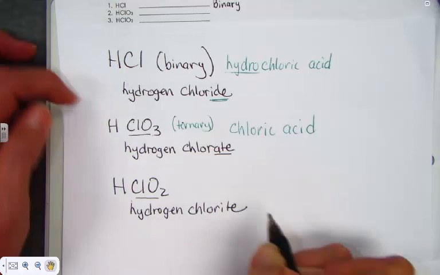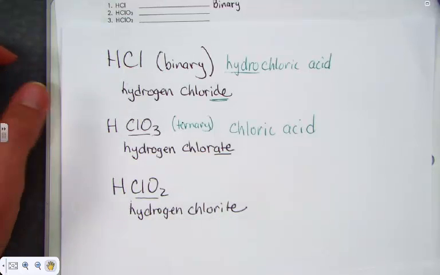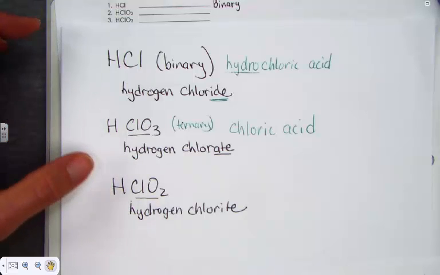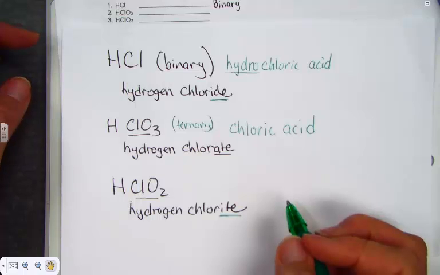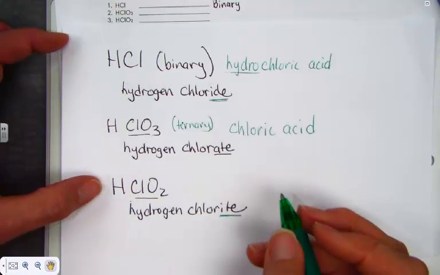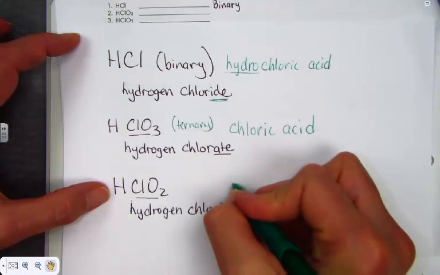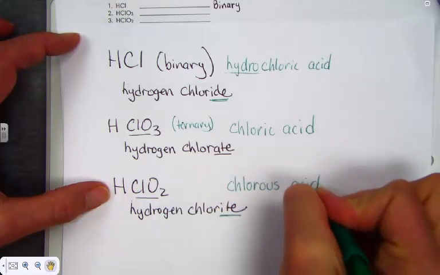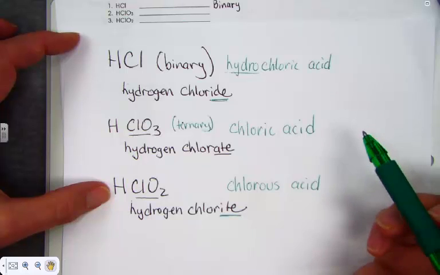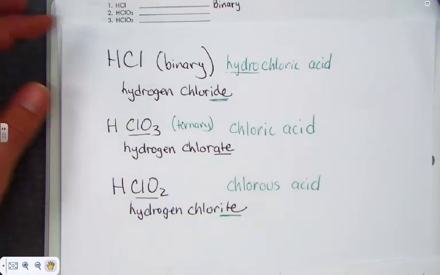Now let's say it as an acid. Acids always start with H, but when ite is the original ending, it simply gets changed to ous. Hydrogen chlorite, named as an acid, is called chlorous acid. Chlorous acid, HClO2.